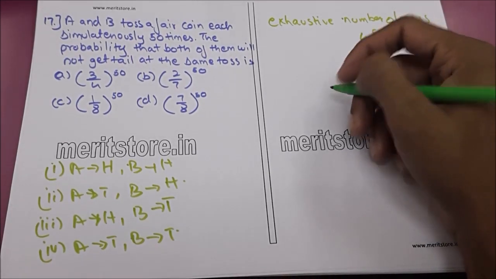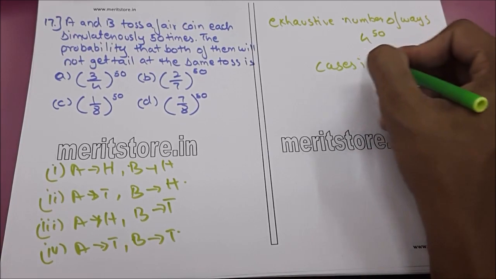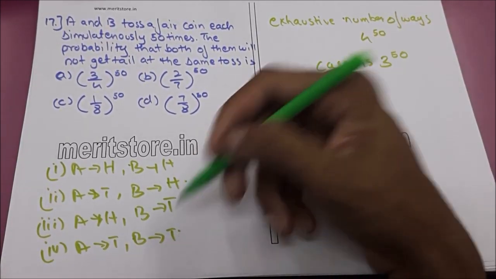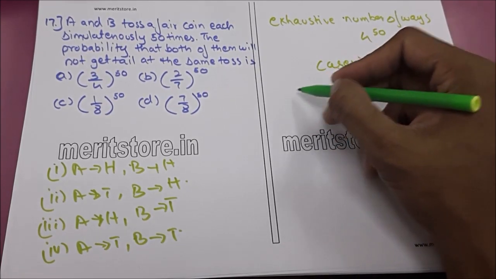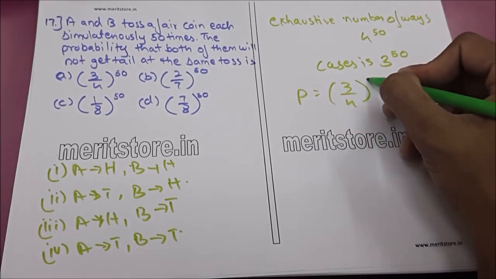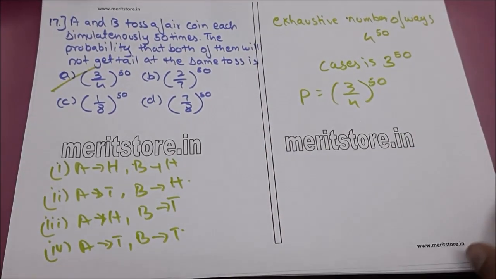So therefore the favorable number of cases is 3 raised to 50. The fourth one is not favorable, so the required probability can be written as 3 by 4 raised to 50, which is option A. Option A is the correct answer.